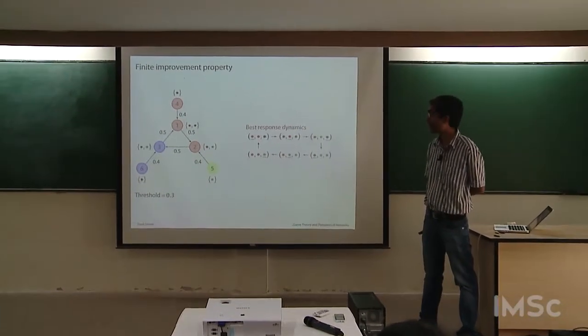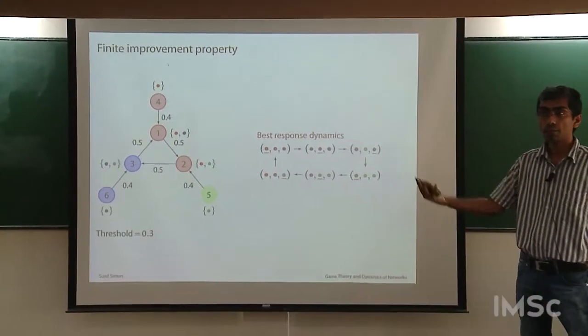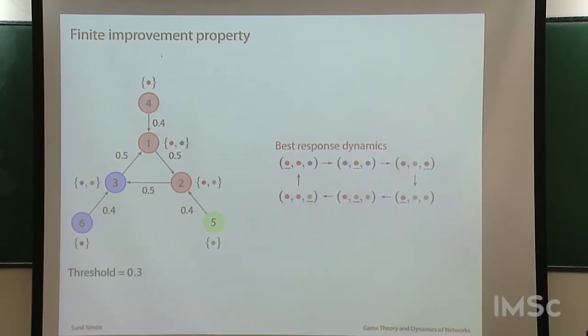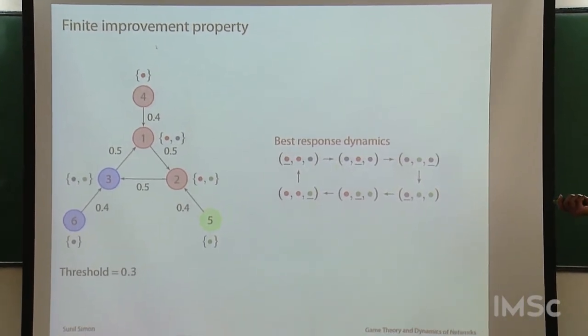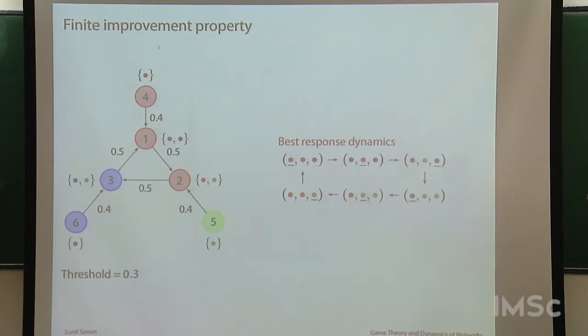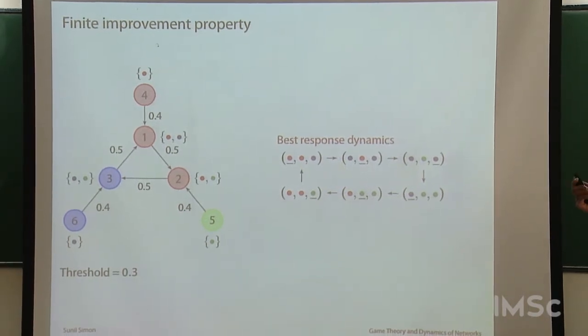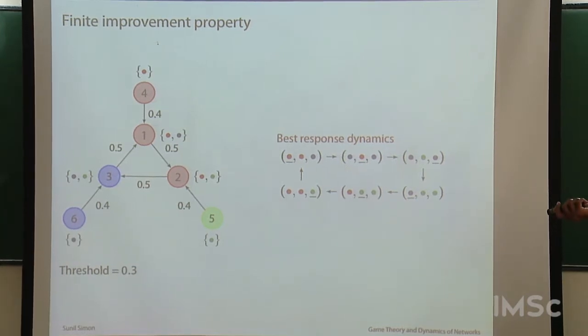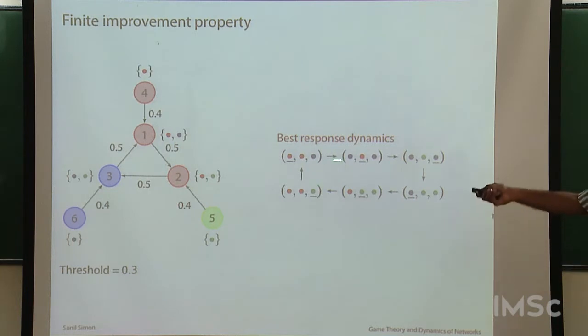It says that you take this update dynamics, every improvement path is finite, so it terminates. Now you can ask whether these network games have the finite improvement property. The answer is of course no, because we saw a game with no Nash equilibria. Of course it won't have the finite improvement property, and this is simply the best response cycle.